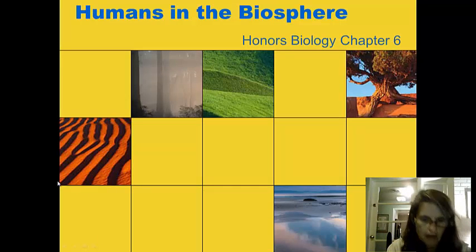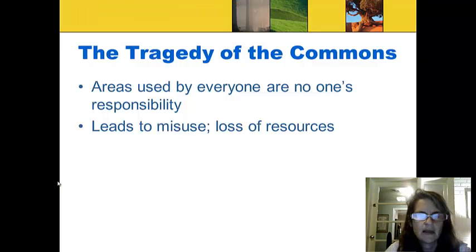The first thing we'll discuss is a concept that's brought forward from your text: the tragedy of the commons. It's this idea that areas used by everyone, oceans for example, are no one's particular responsibility and can lead to them not being taken care of by anyone, which leads to resources being lost to everyone.